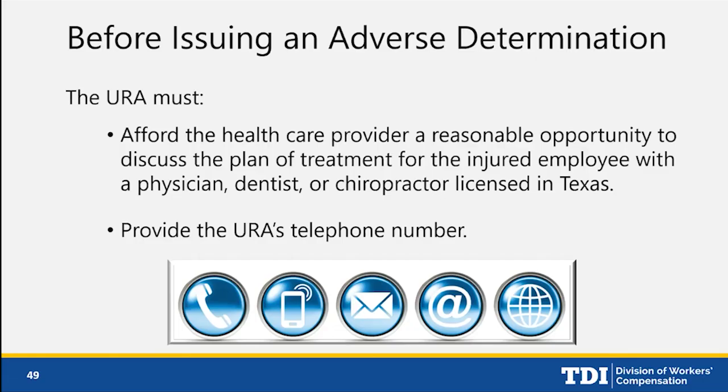Of course, we get calls about this, that there wasn't a reasonable opportunity to talk to the peer reviewer, or they called me at the last minute right before they made their decision. If you do experience that, then definitely you can file a complaint and explain what happened. And the complaints are easy to file. It could be done as simply as writing us an email.